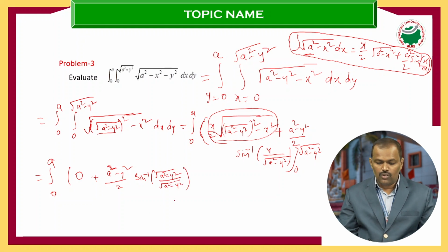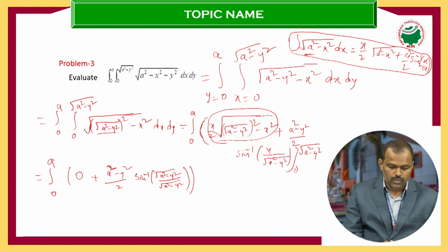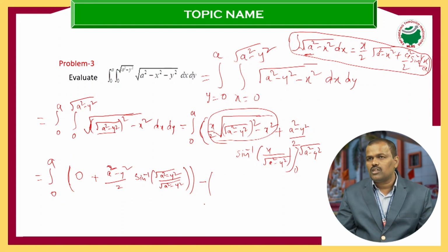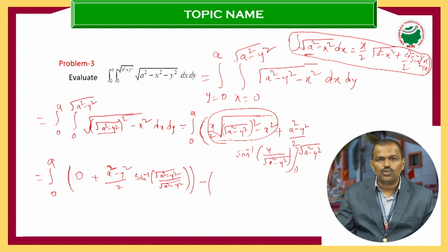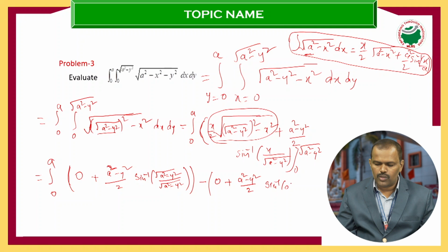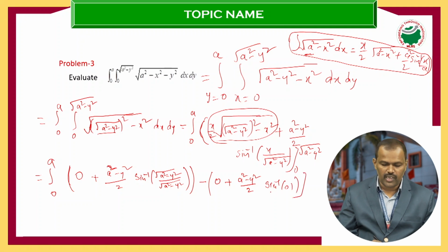So this is sin inverse of 1. This is only the upper limit, minus the lower limit. Lower limit means in place of x, if I substitute 0, then it becomes 0, because (a square minus y square) by 2 into, when I substitute x value 0, this is sin inverse of 0, the whole bracket.